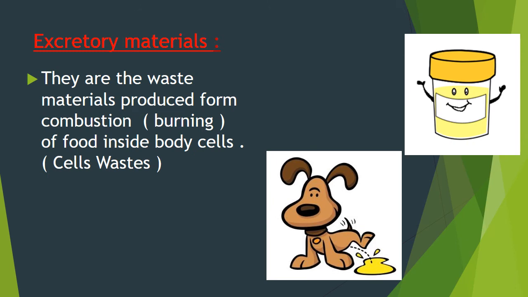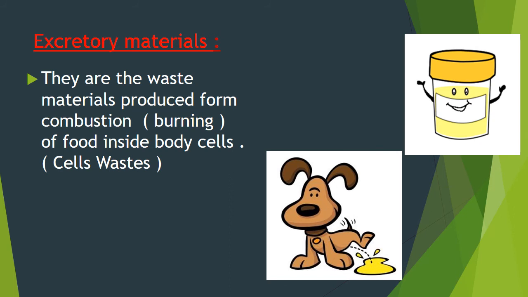Let's define the excretory materials. They are the waste materials that are produced from combustion or burning of food inside the body cells. What is the meaning of this? This means that the excretory materials come from burning of food, okay? Burning of food means digesting of food. But where? Inside the body cells, meaning not in a certain organ, in the body cells.